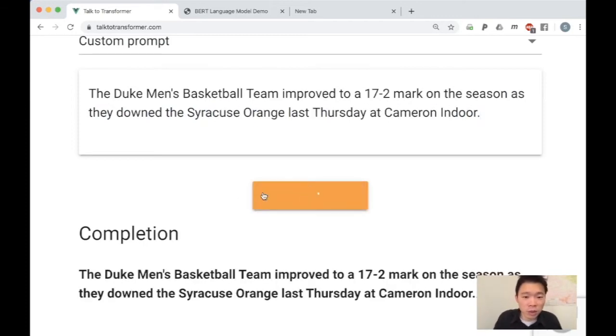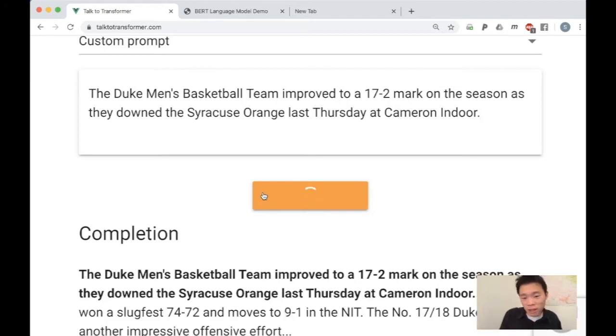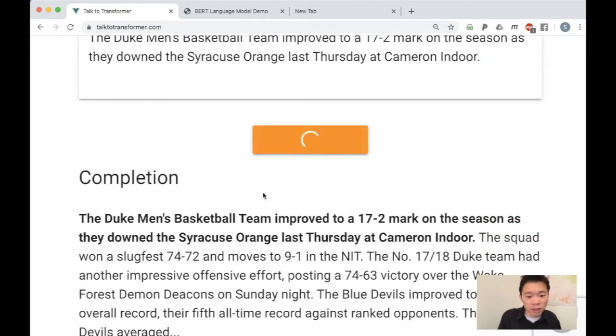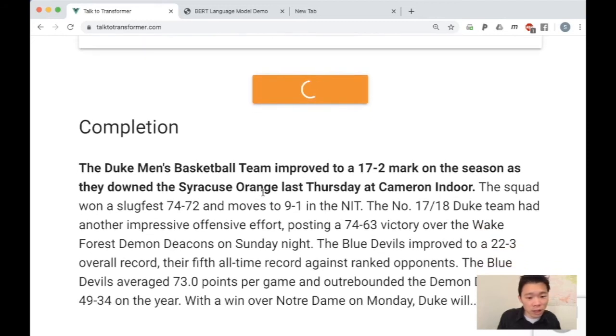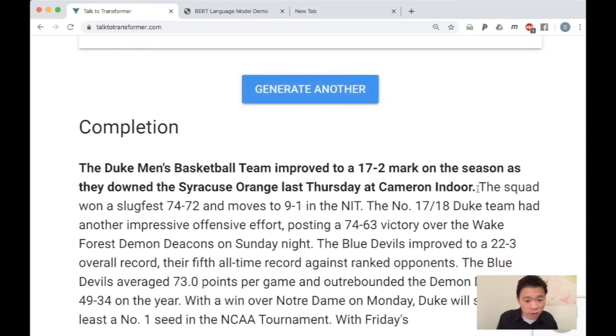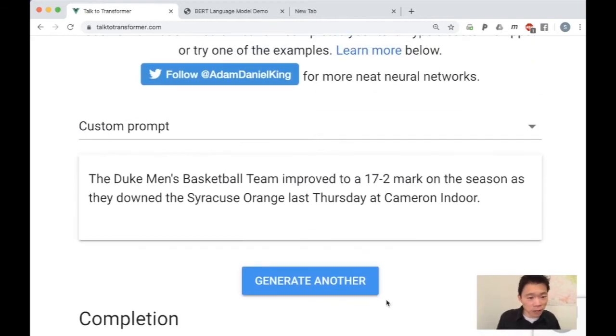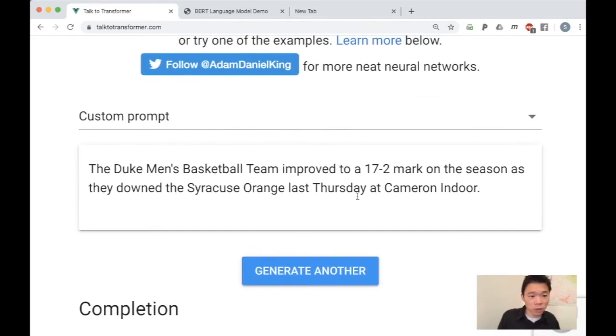So maybe you don't know about college basketball, but this is like a sports article saying this is what happened. And here you start seeing some of the lingo that is common in talking about basketball games. Here, Notre Dame is also in the same conference for basketball only. So it's able to generate really neat things here.